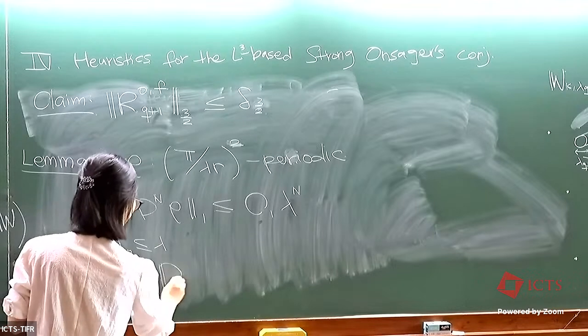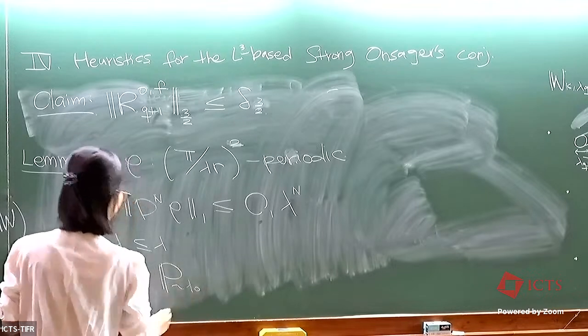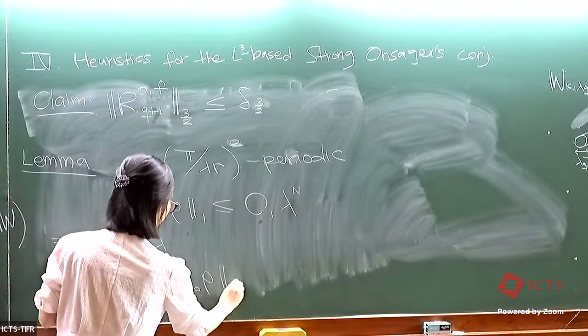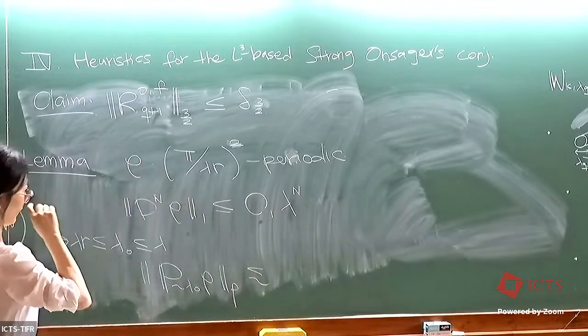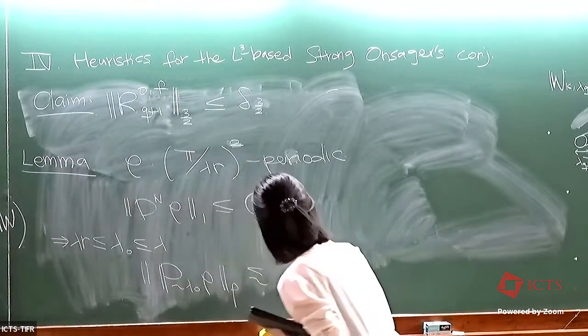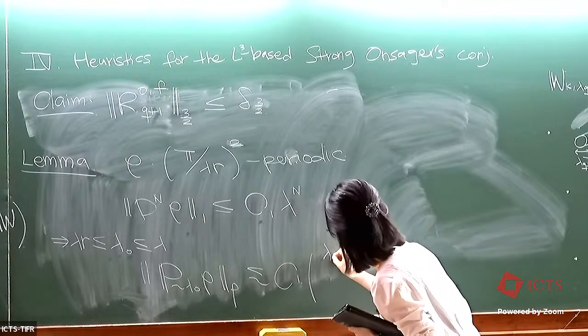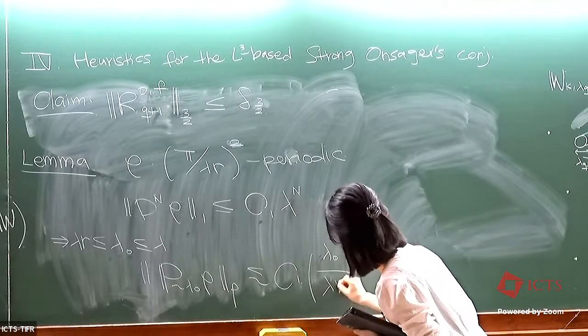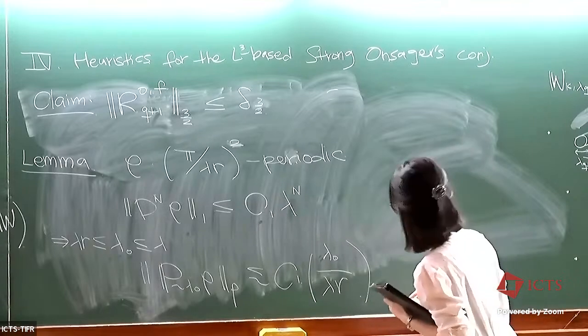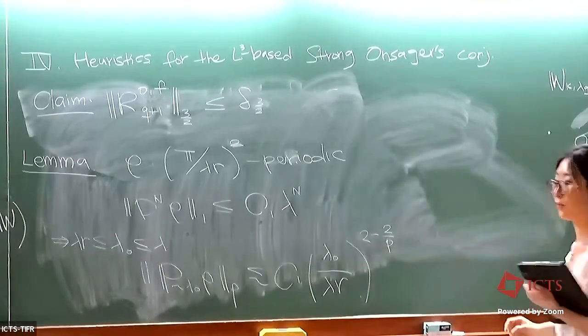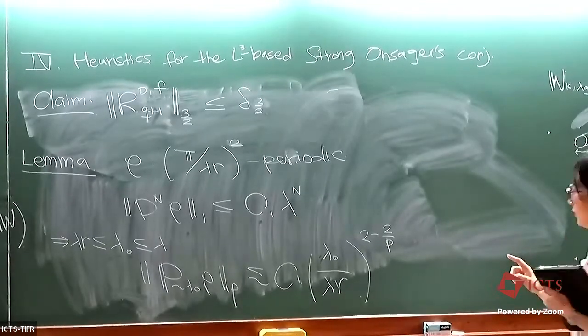When you take a projection operator at this lambda 0 to low and compute this LP norm, then its size is C1 times lambda 0 over lambda r to the 2 minus 2p.